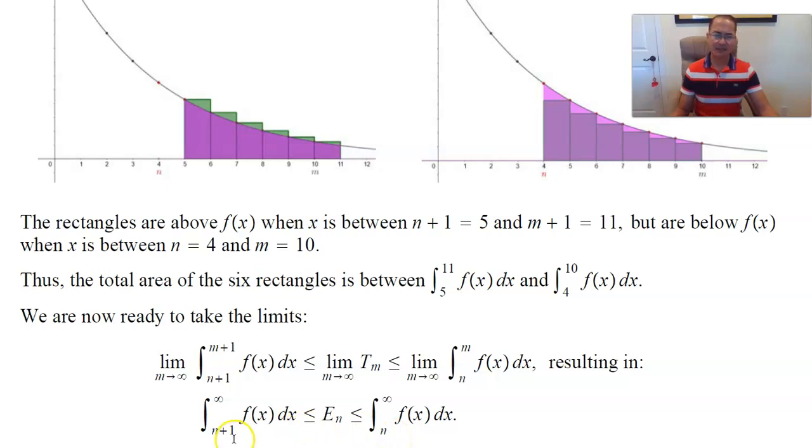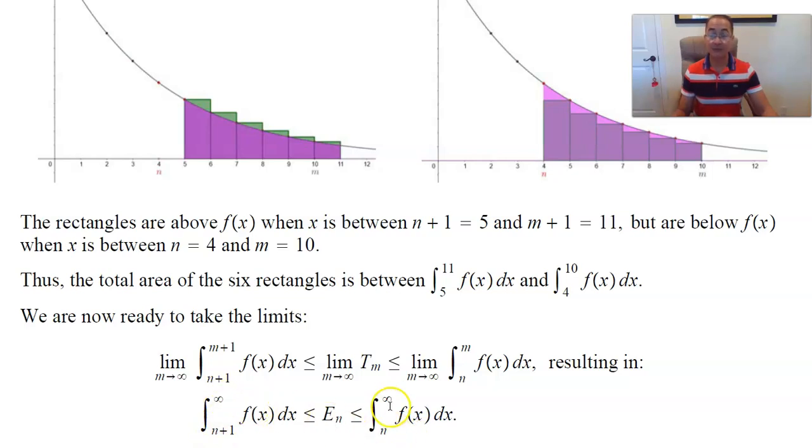And you might say, well, isn't n+1 bigger than n? Shouldn't this be on the right? No. And that's because it's not that number, it's the region between that number and infinity. Okay? So if n, let's say, is 10, we're integrating from 11 to infinity.